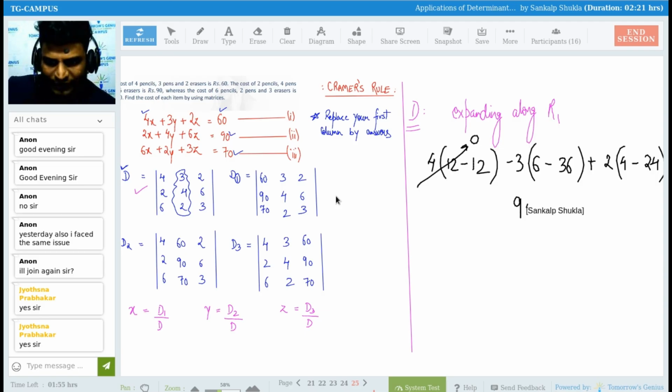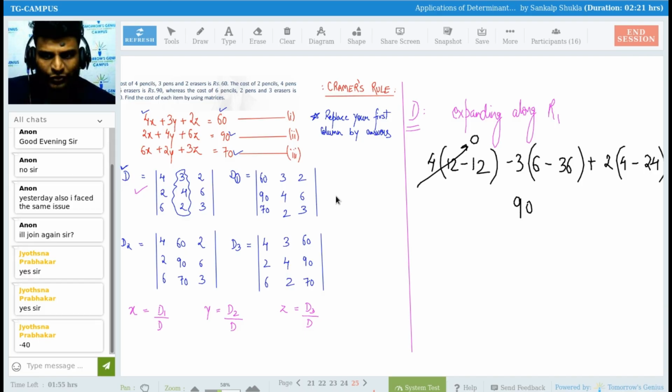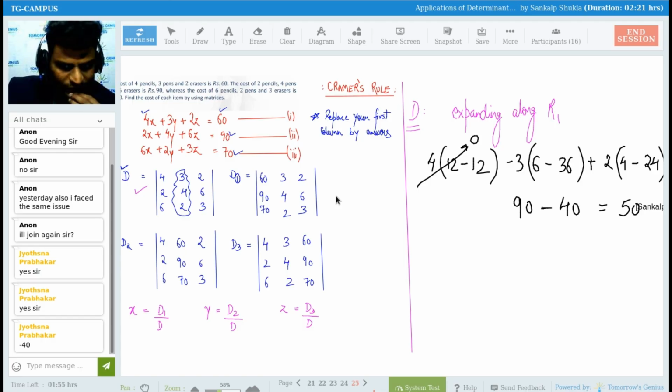Minus 30 into minus 3 is plus 90. And 4 minus 24 is minus 20. Minus 20 into 2 is minus 40. So 90 minus 40 is 50 is the answer, not 130.